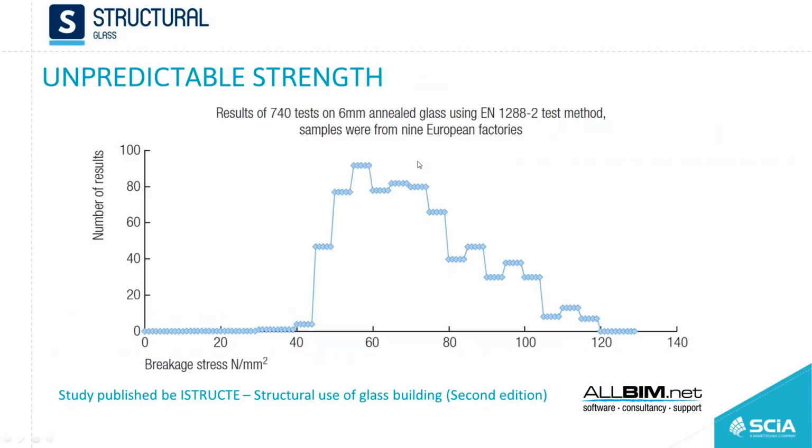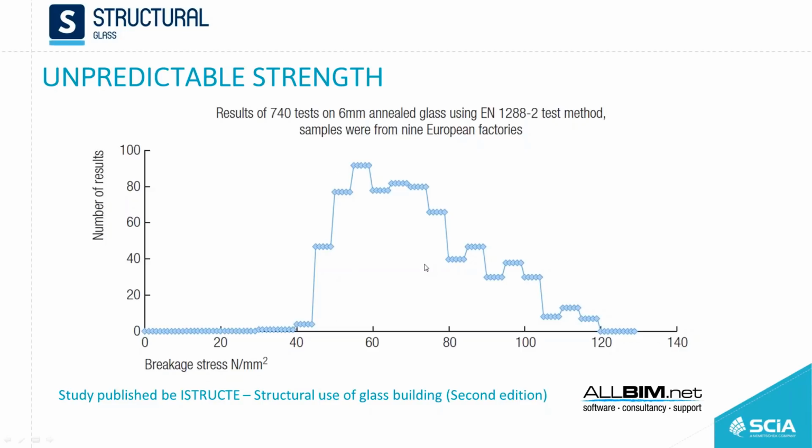Also, glass is a bit unpredictable, and we will get to the chemical composition of it to understand why it behaves so. Here is a study made by the Institution of Structural Engineers in the UK, where they analyzed 740 test results on 6mm annealed glass.